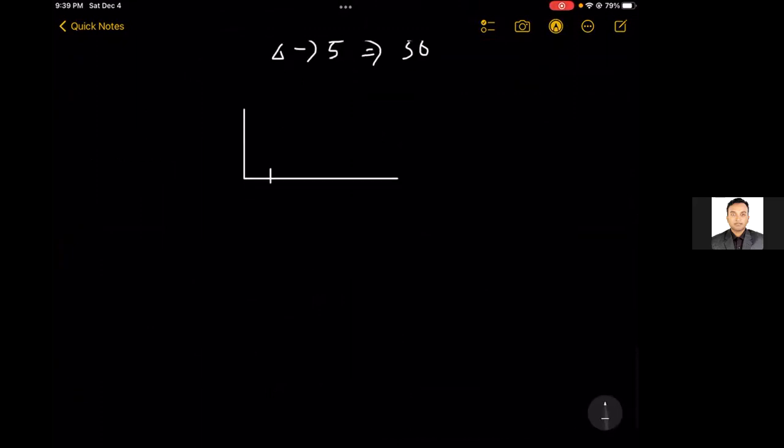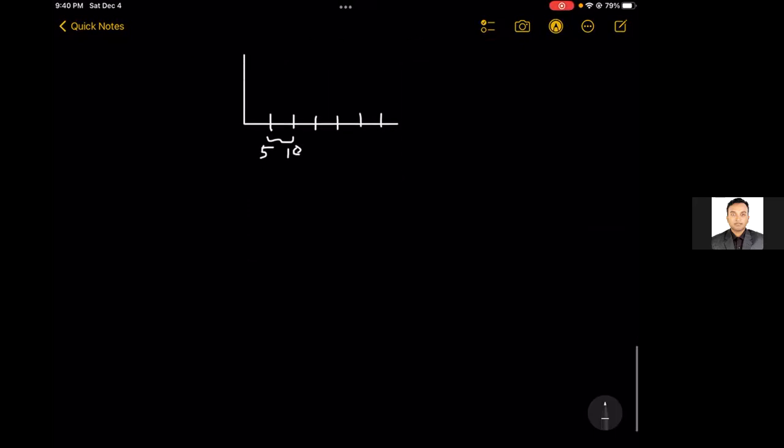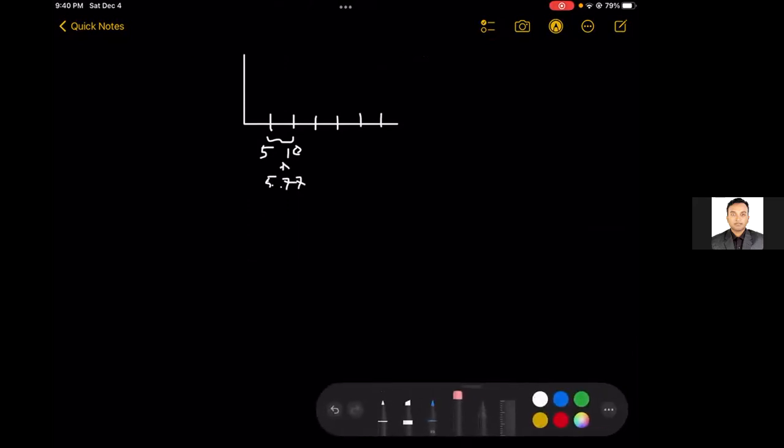So we have, let's say, 5, 10, then 15, 20, 25, 30, etc. Whatever falls in between, let's say between 5 and 10, even if we have a value which is 5.77, we can still draw that in this area.